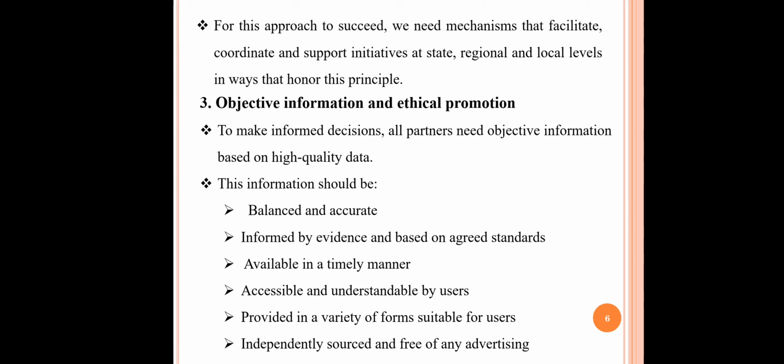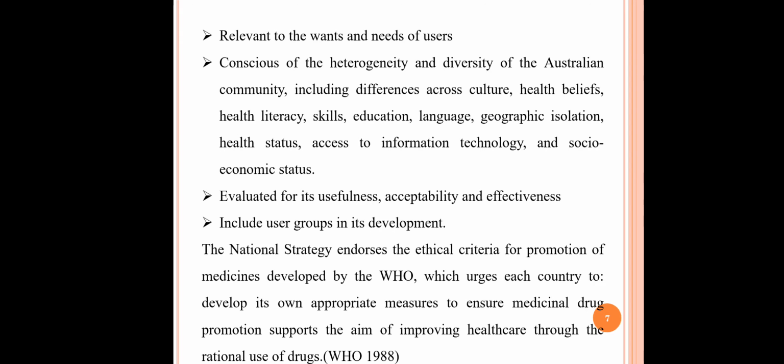This information should be balanced and accurate, informed by evidence and based on agreed standards, available in a timely manner, accessible and understandable by users, provided in a variety of forms suitable for users, independently sourced and free of any advertising, relevant to the wants and needs of users.